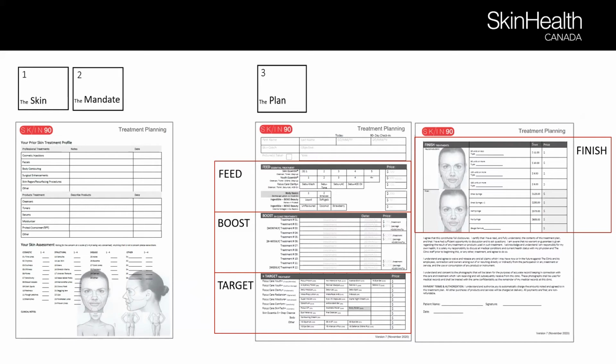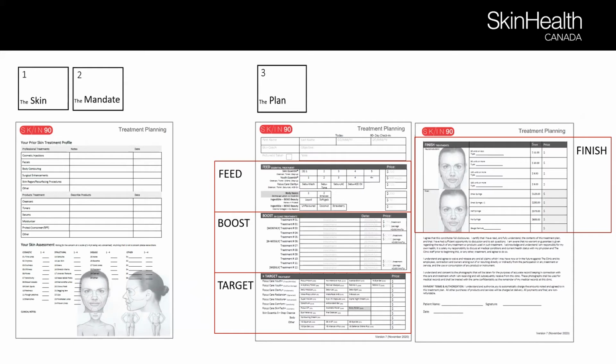It starts with the first page, which is an interview and questioning process to get to know the client's prior skin history, what they've tried in the past, and what they're looking to achieve, through a bit of a skin assessment. That's going to establish what the issue is with the skin and what the mandate is. So what are they looking to achieve with you?